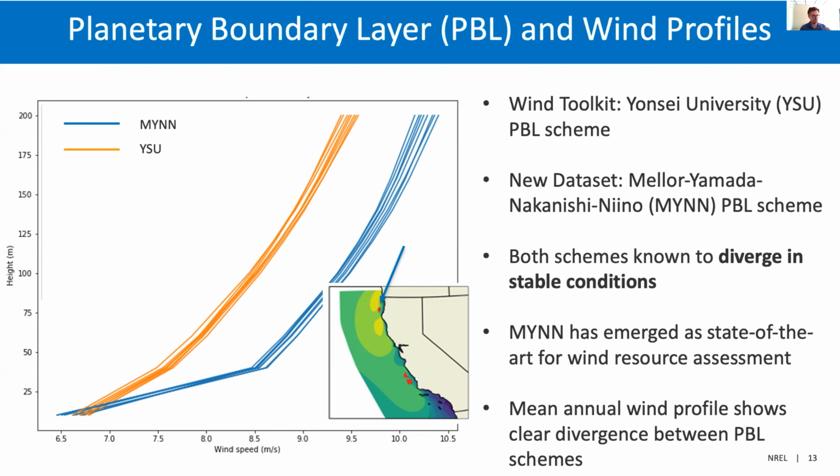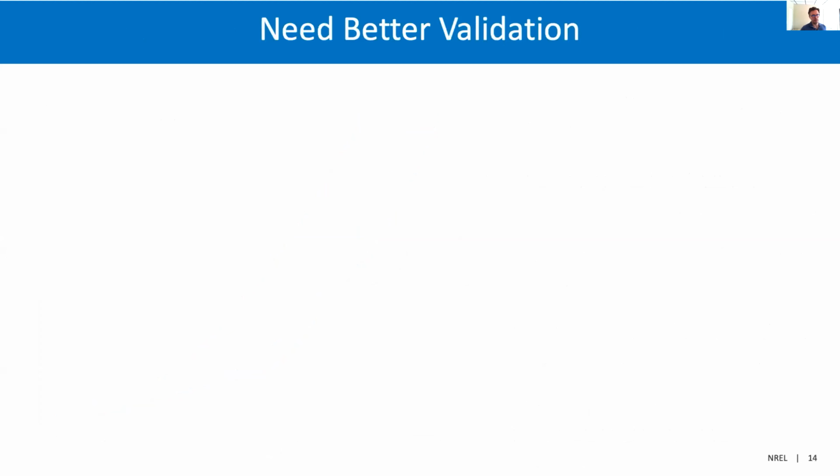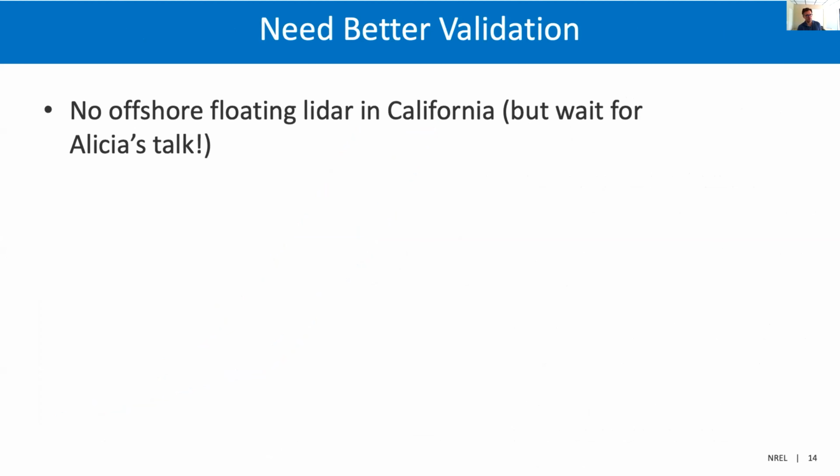So a natural question is, did we validate and confirm that MYNN was performing better? The answer is yes, but we need better validation. At present, there's no offshore floating LiDAR publicly available for California. But if you wait for Alicia's talk, you'll hear about what's happening on that front, which is super exciting.